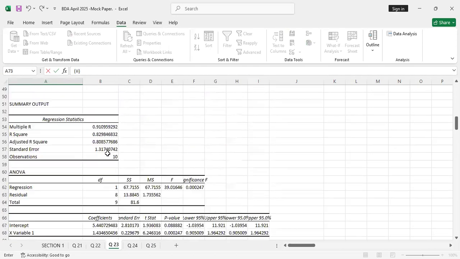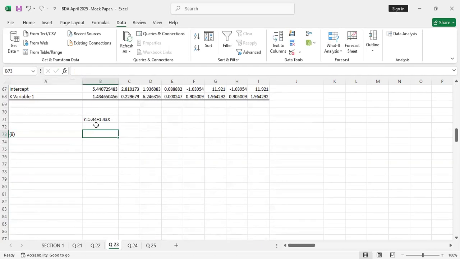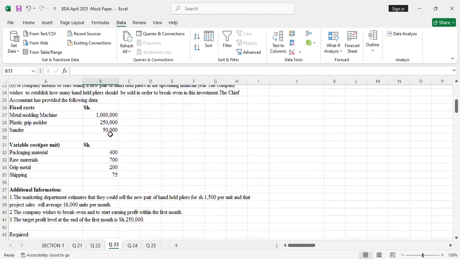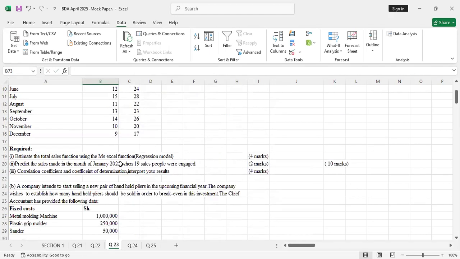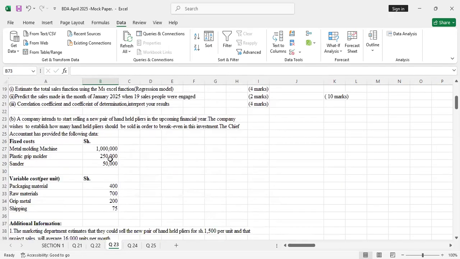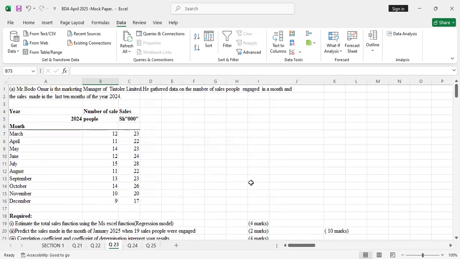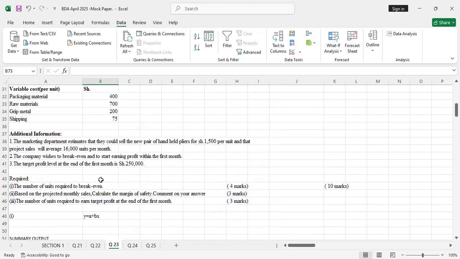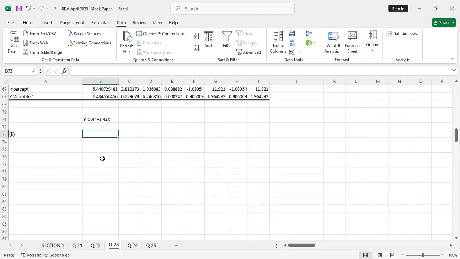So we are going to use that formula: Y is equal to 5.44 plus 1.43x. In this case, the 19 salespeople is what we are going to replace with X, because sales is represented by Y. What they want is the sales, so they want Y. So you say Y is equal to bracket 5.44 plus, then I'll put a bracket, 1.43 times the 19 people engaged.